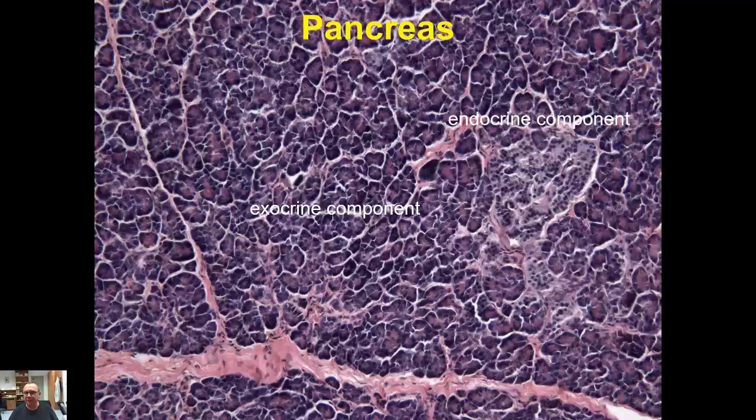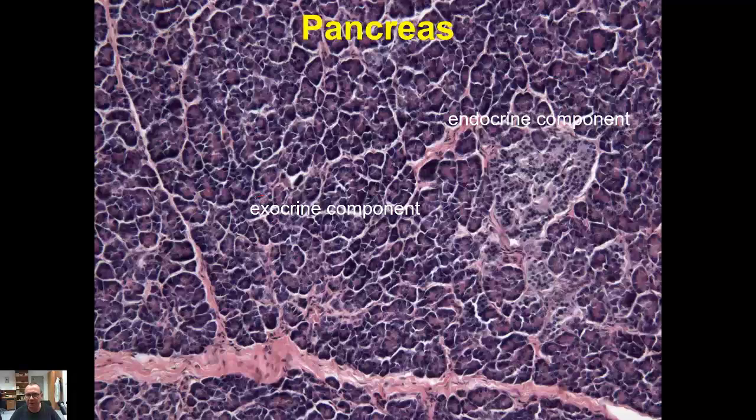Pancreas is a large gland situated in the retroperitoneal space of the abdominal cavity, which is composed of two portions. There is exocrine and endocrine component of this organ.